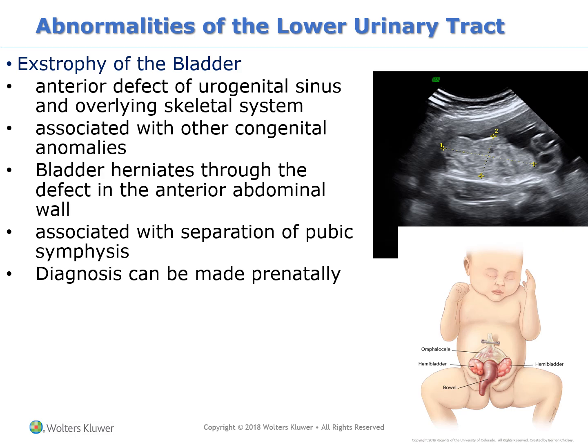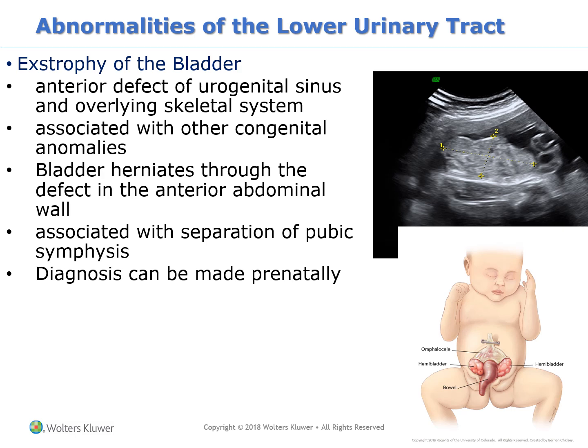Now with this exstrophy, its X is outside, trophy is growth. So outside growth of the bladder, the term tells you exactly what it is. So it's an anterior defect in that urogenital sinus that was so important during embryology.